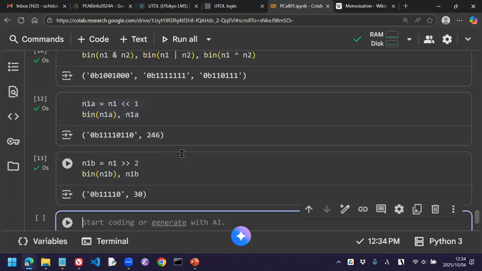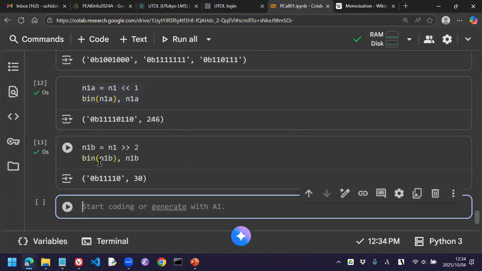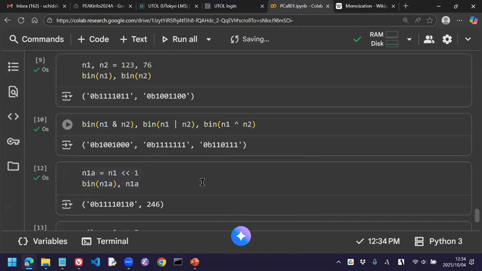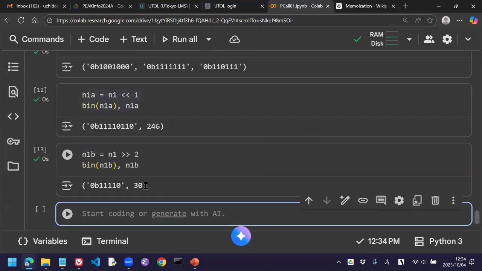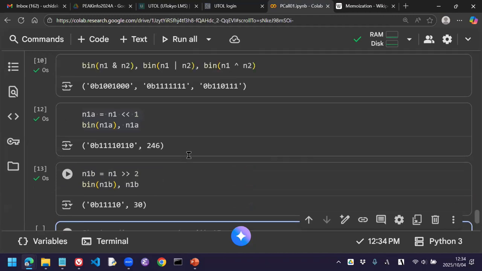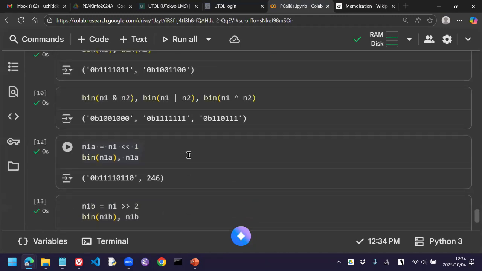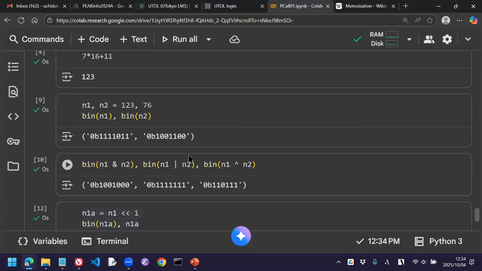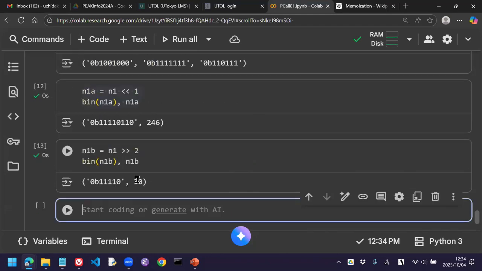What we get is the original number shifted right by 2 bits, which is equivalent to dividing it by 4, integer division. If you divide it by 2, it will be 61, and if you divide it by 2 again, it will be 30. So this is what we get.